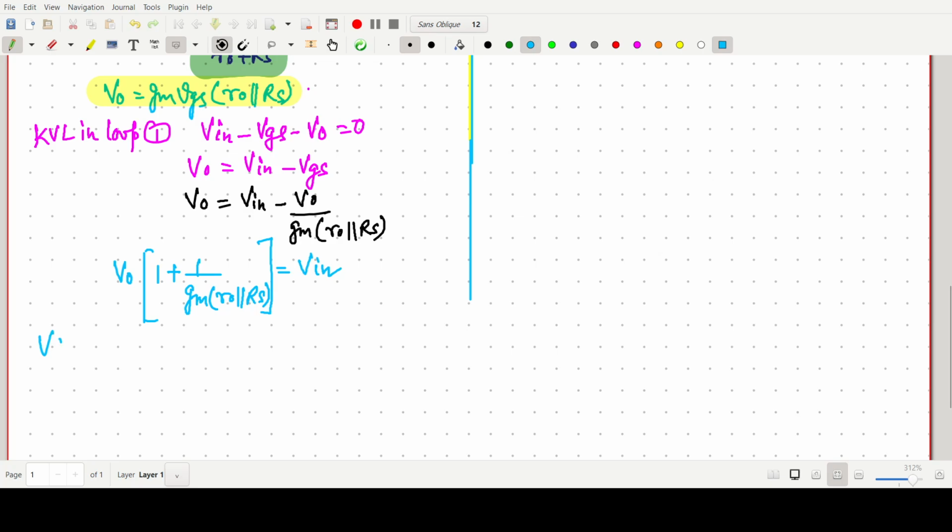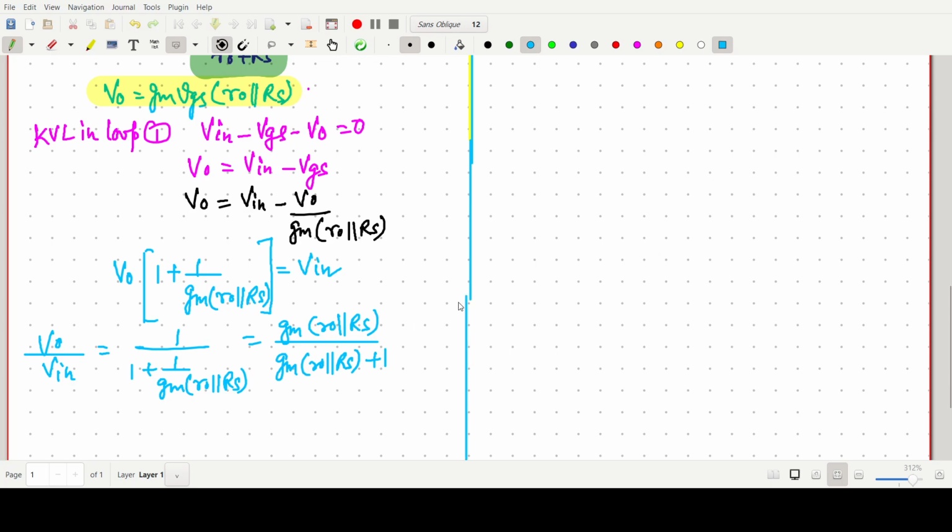Then finally we can write V naught by V in equals gm R naught parallel with RS divided by gm R naught parallel with RS plus 1. Okay, clear this one?